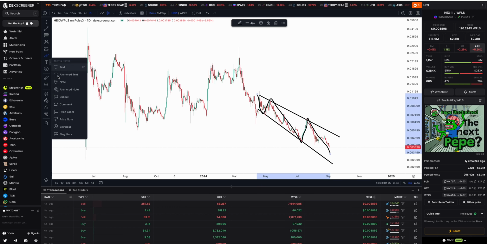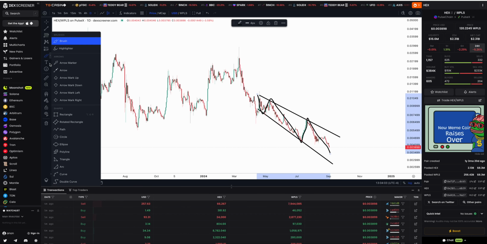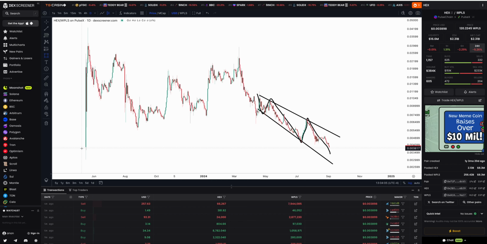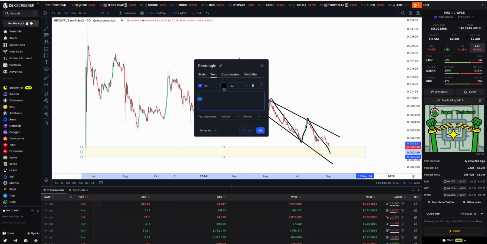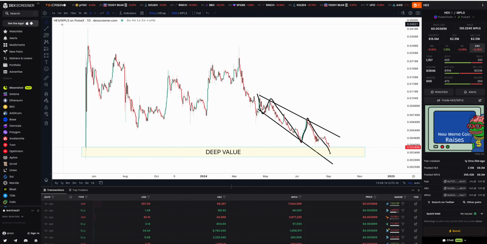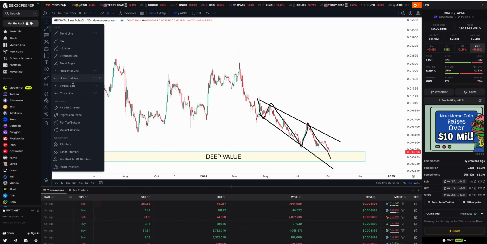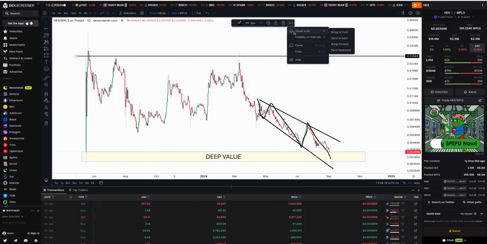Okay, so as we approach the all-time low, right? As we approach this area, this over here would be considered your deep value area, right? And then this over here would actually be considered Wyckoff accumulation.